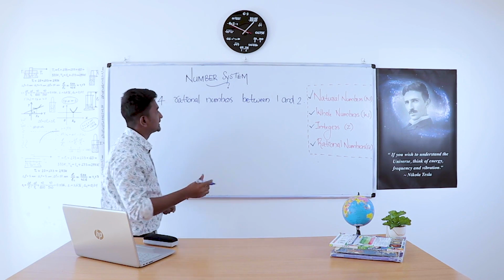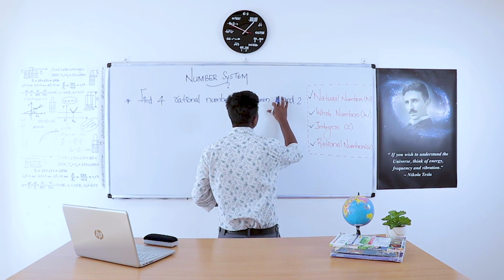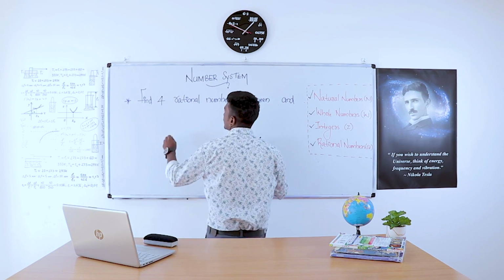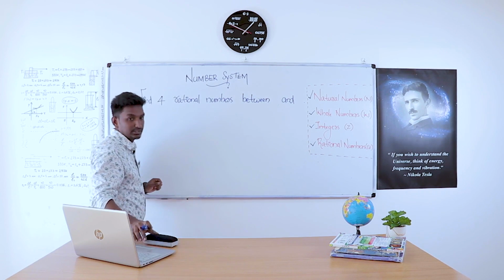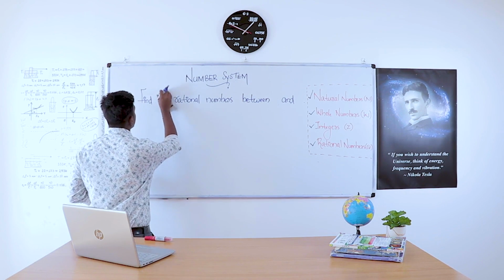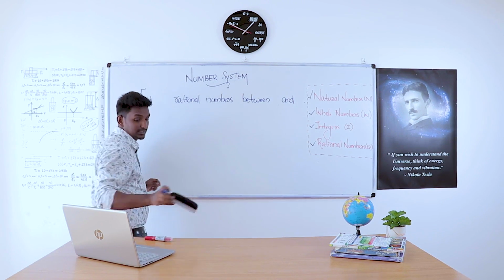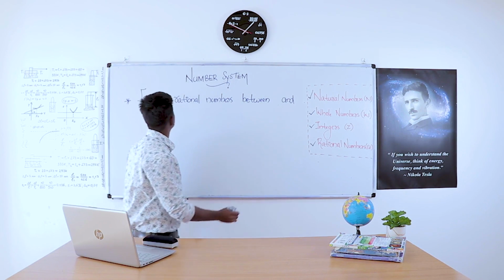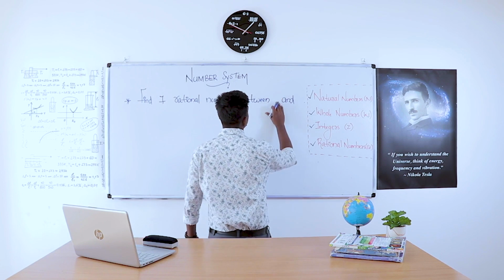Find four rational numbers between... not four, we just did five rational numbers. We can take 7 rational numbers.